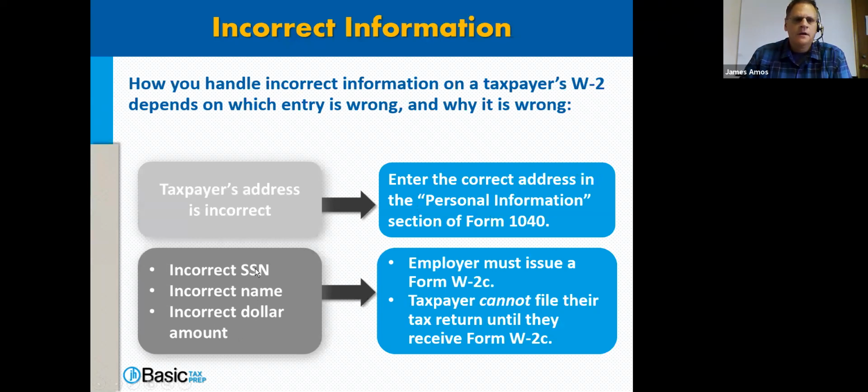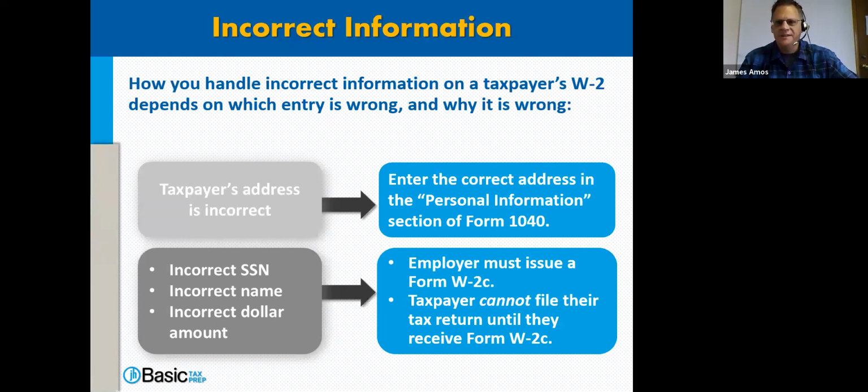But if they have an incorrect Social Security number, an incorrect name, or an incorrect dollar amount, they need to go back to their employer and ask the employer to issue a corrected W-2. A corrected W-2 is called a Form W-2C, for corrected, and they can't file that return until that corrected W-2 comes in.